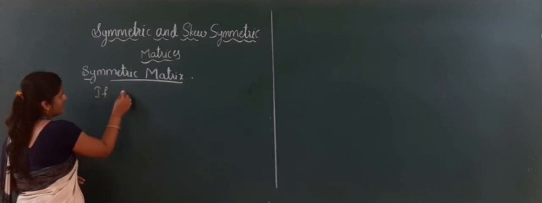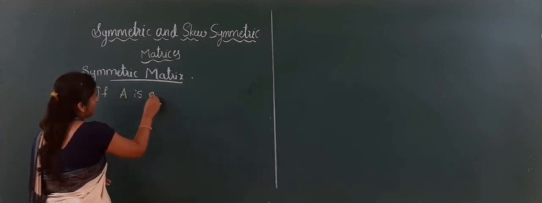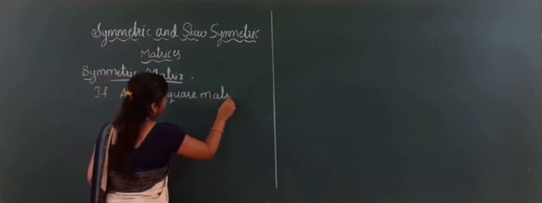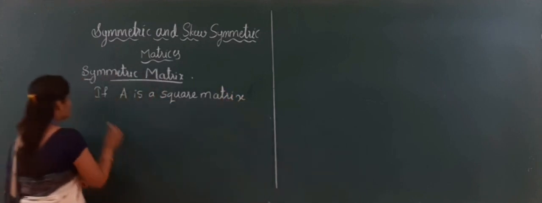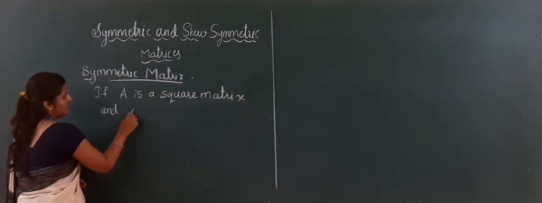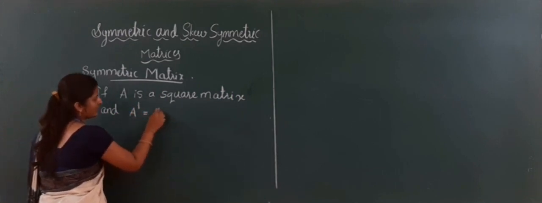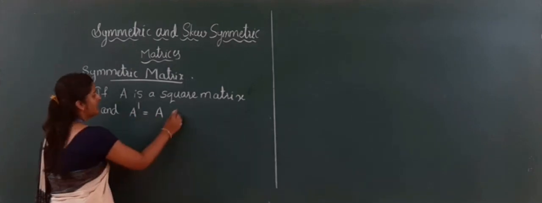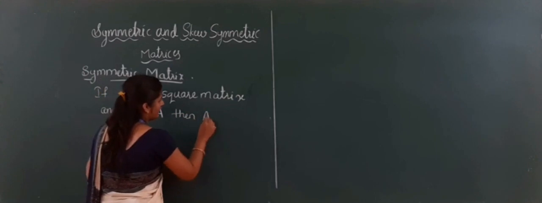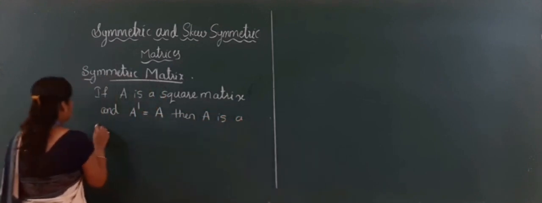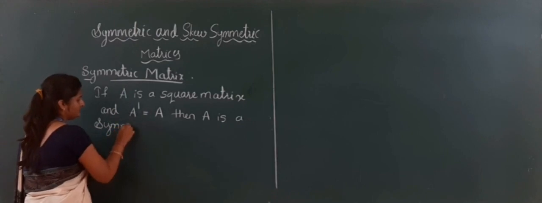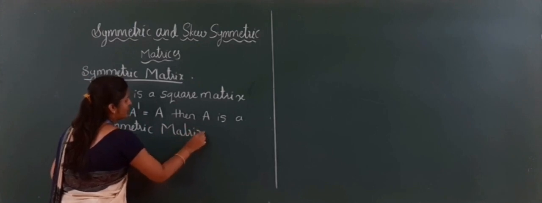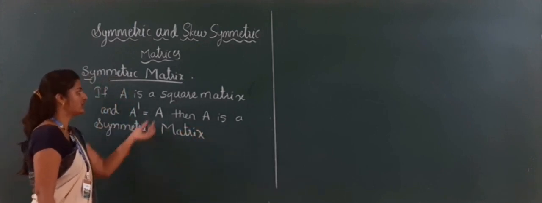If A is a square matrix and A transpose is equal to A. If the transpose of A is again equal to A, then A is a symmetric matrix. So what do you mean by symmetric matrix? Any square matrix whose transpose is equal to the same matrix.